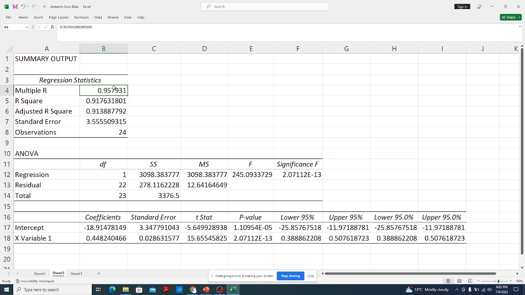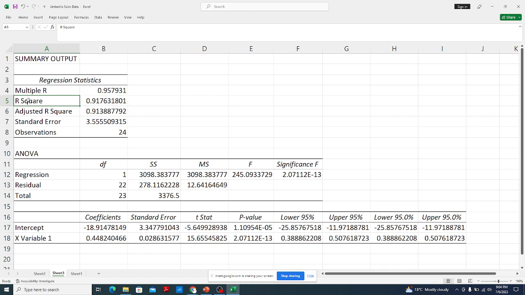It means we have a high, strong correlation between x and y. Meaning any change in y will also trigger the same change in x.